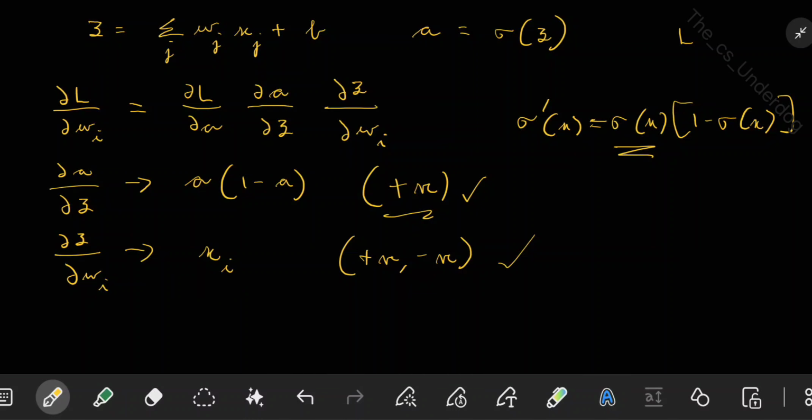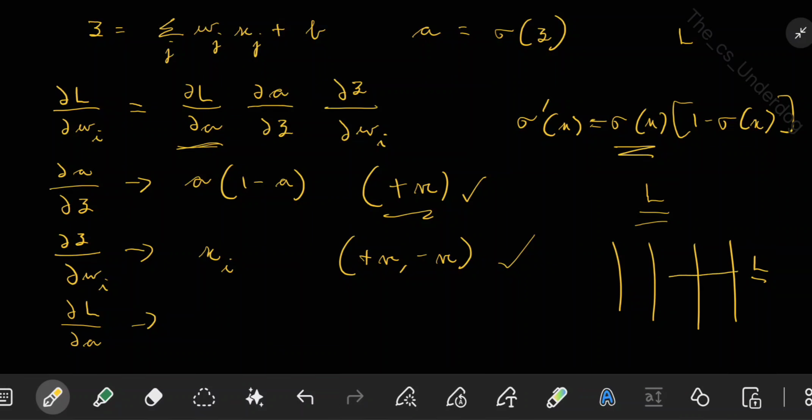Let us see the next term, del L by del A. If you take del L by del A, what will be the sign of this particular value? This is the derivative of loss with respect to the activation. In a neural network, you have loss and you are back propagating it. Here is your neuron.